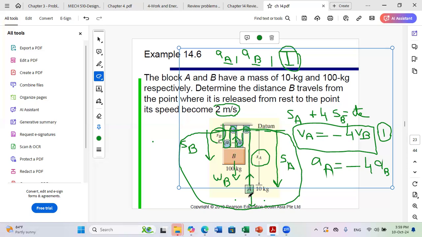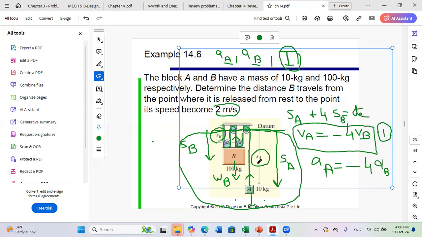So the work done on A will be opposite to the work done on B. Let's say A will move up. So the tension will do a positive work on A, while the tension at B level will do a negative work on B. And then these will cancel out with each other.